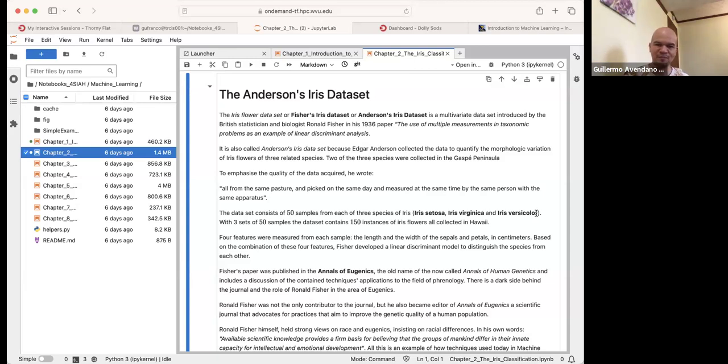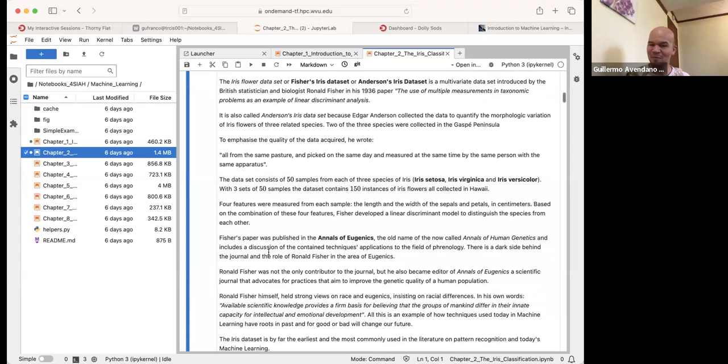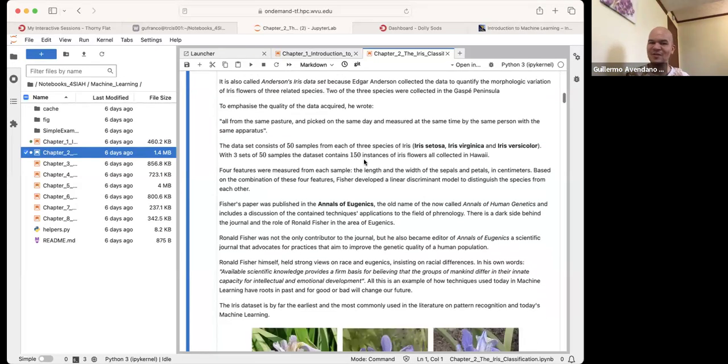There is another relation with that, because that paper was published in a journal that doesn't exist anymore. That was something that at that time was considered scientific. That was eugenics, and eugenics has a very controversial side.